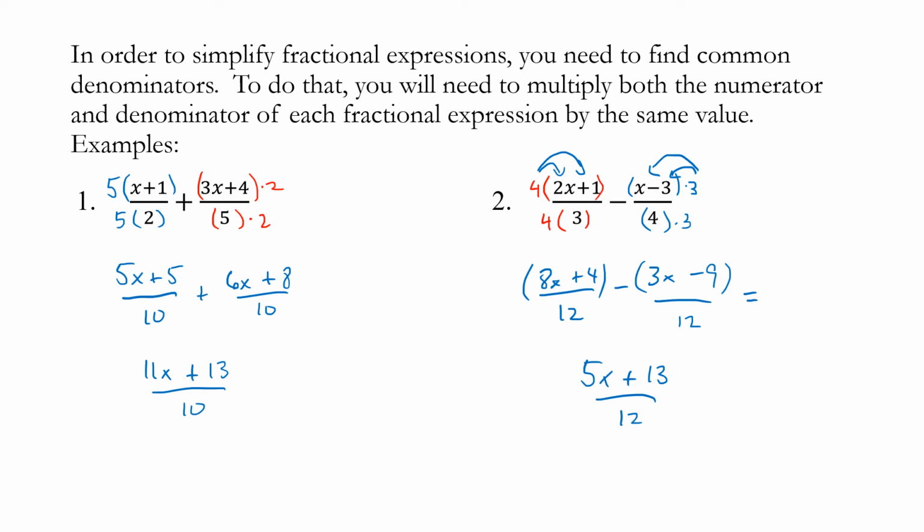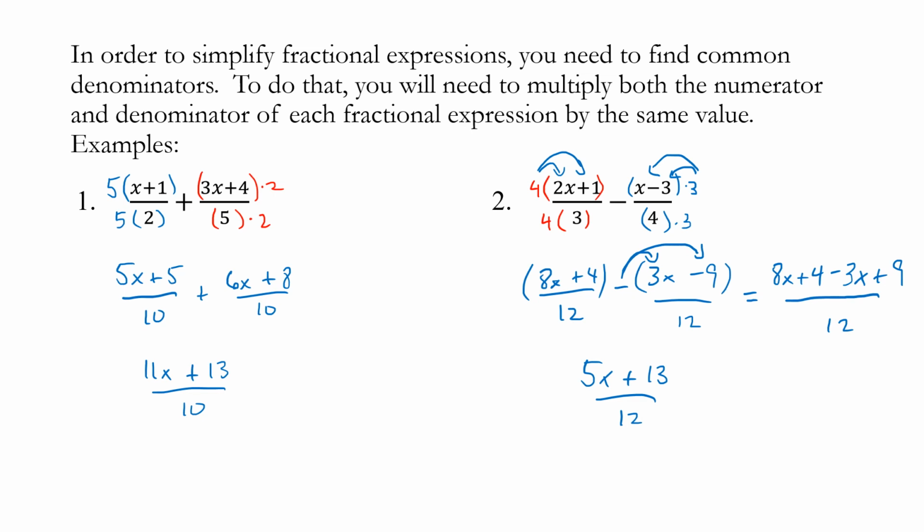So this becomes 8x + 4, and distributing the negative gives minus 3x, and it goes to that negative 9, so that's a plus 9. And then this whole thing's over 12.